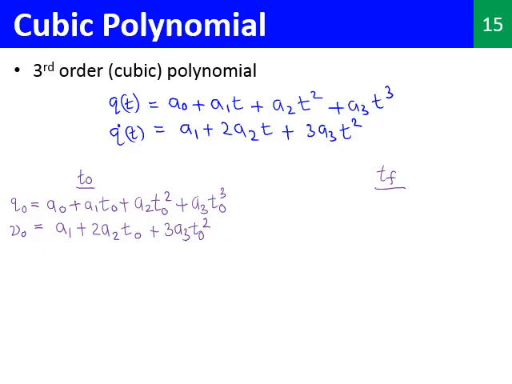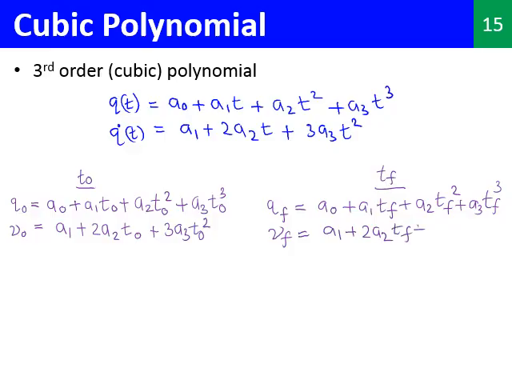The joint position qf is equal to a naught plus a1 tf plus a2 tf squared plus a3 tf cubed, and the velocity vf is equal to a1 plus 2 a2 tf plus 3 a3 tf squared.